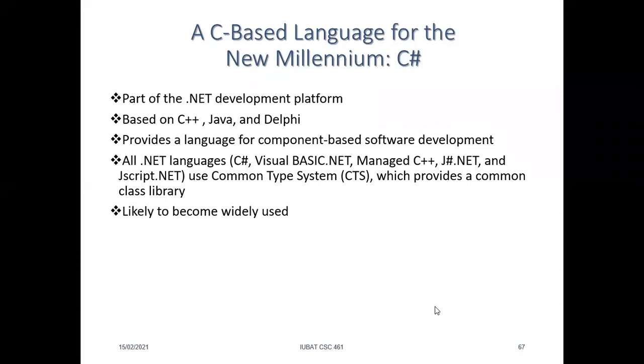In the .NET platform, we have all the .NET languages such as C sharp, Visual Basic .NET, Managed C++, J sharp .NET, Common JavaScript .NET, and so on. We use the common type system, that is CTS, and we can develop any applications much faster. It's actually good. I will not say very popular, but it's popular, because the overall system development lifecycle gets much easier to manage.